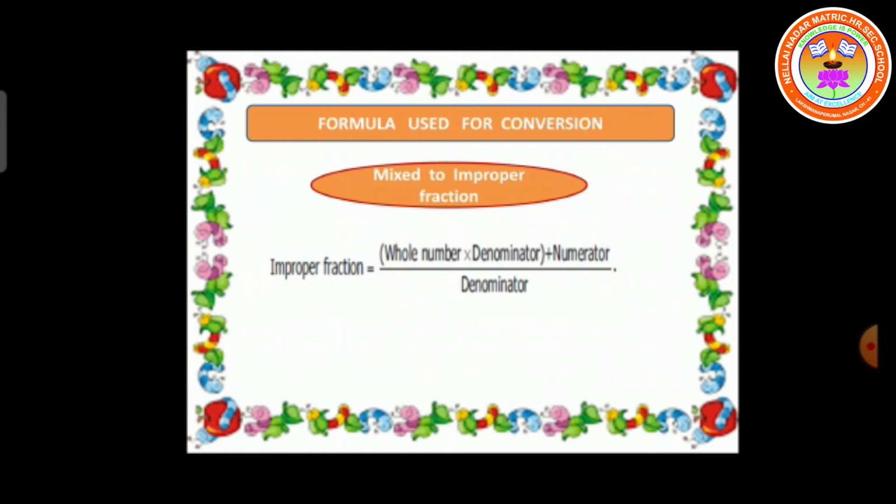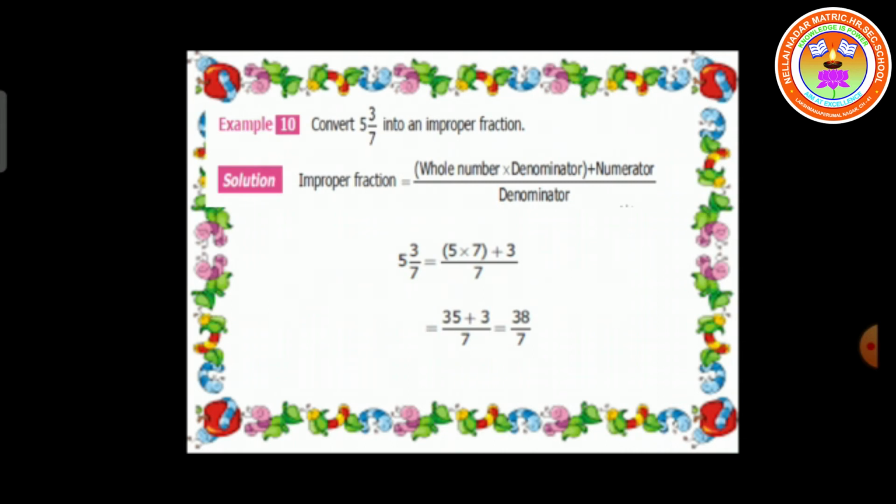Now based on this formula, we are going to see one example. Okay, see, it's an example given in your book, students. Example 10. Convert 5 3 by 7. We know it's a mixed fraction. Now we are going to convert it into an improper fraction with the formula given, right?